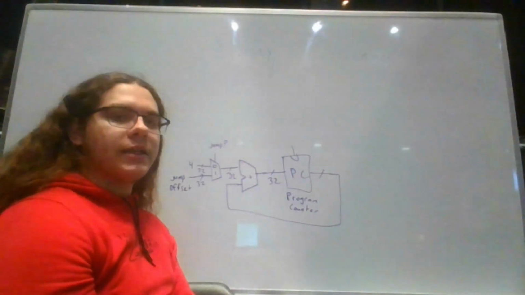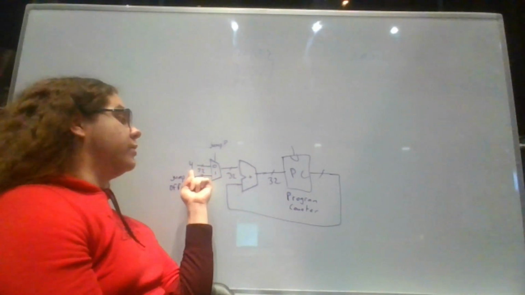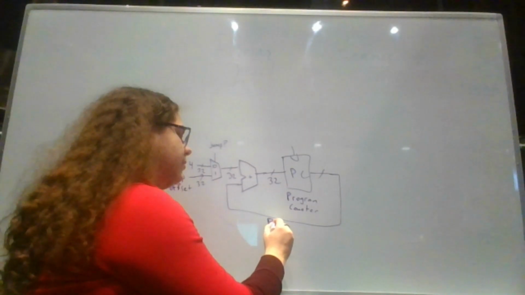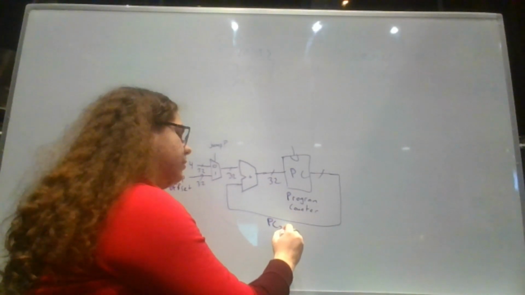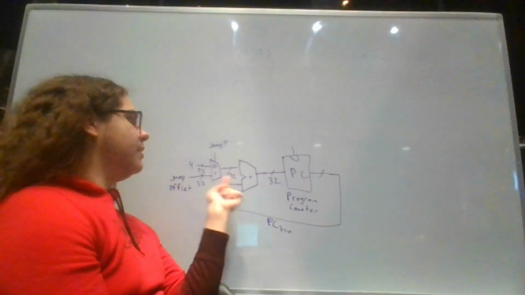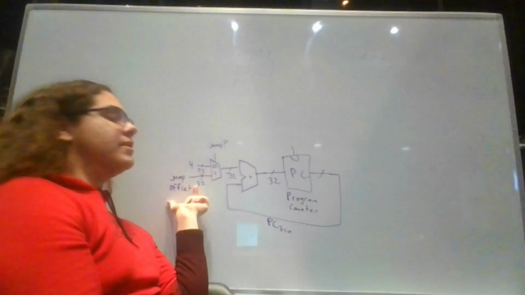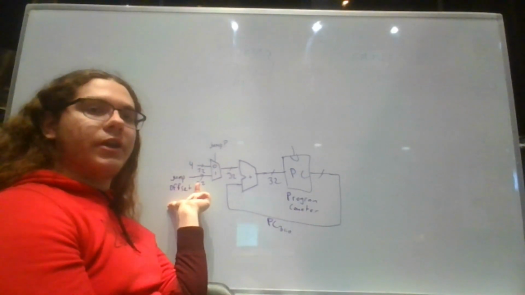It'll look a little something like this, where you have the option to just do whatever PC was. So I'm going to call this PC[31:0]. You can just take PC plus 4 if you're not going to do a jump. But if you are going to do a jump, you can instead add that offset which we calculated earlier.